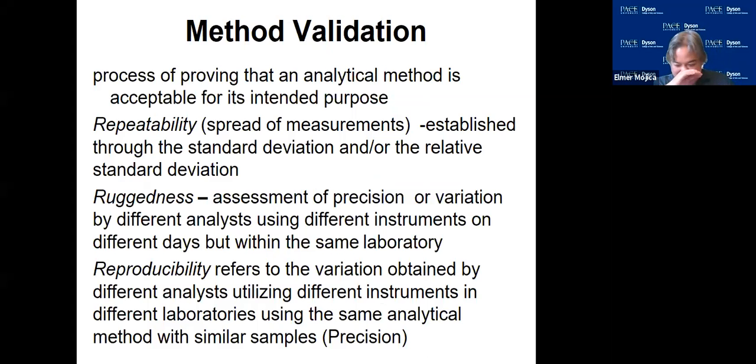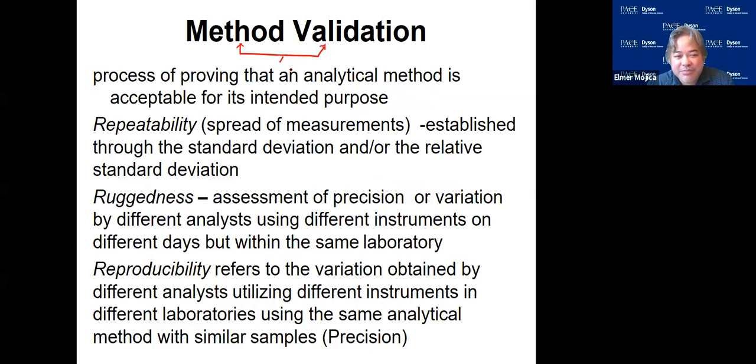So, method validation. As I told you, whenever you have a result, it doesn't mean that that's the result itself. You have to do method validation to prove that the analytical method you're using is acceptable for its intended purposes. In my lab, before we do publication, I want all results to be validated.